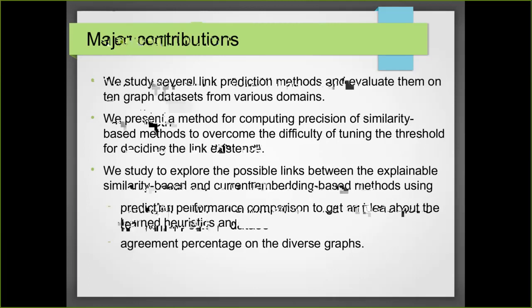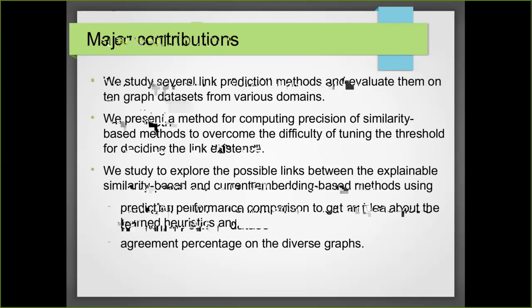The major contributions of this study include: we study several link prediction methods, and we evaluate them on several graph data sets from various domains. And we present a method for computing precision of similarity-based methods to overcome the difficulty of tuning a threshold for deciding link existence.